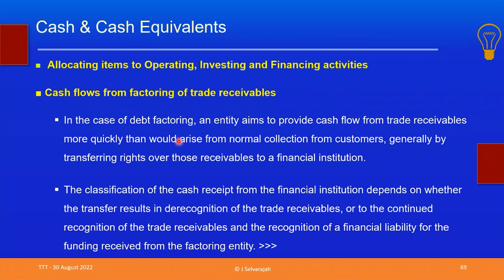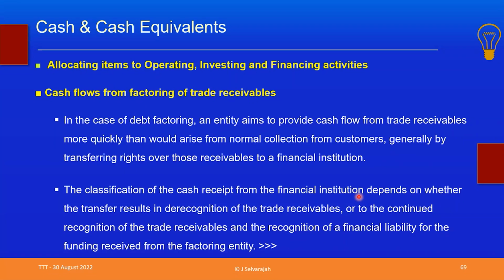So therefore, the aim is to provide cash flow from trade receivable quickly that will arise from normal collection, generally by transferring the rights of those to the financial institution. But remember, the classification of the cash received from the financial institution, they pay you the cash 90,000. Debit bank. Credit what? Credit the trade receivable or credit something else?